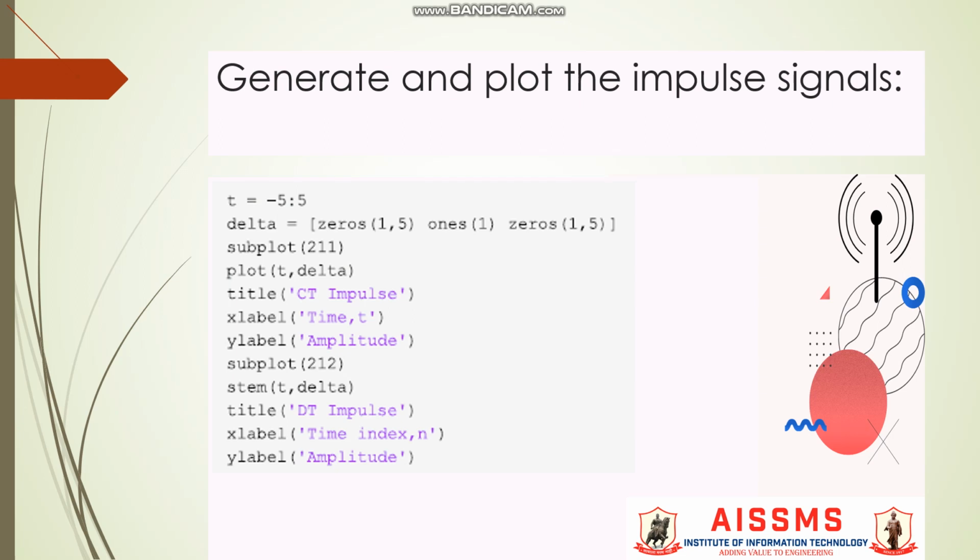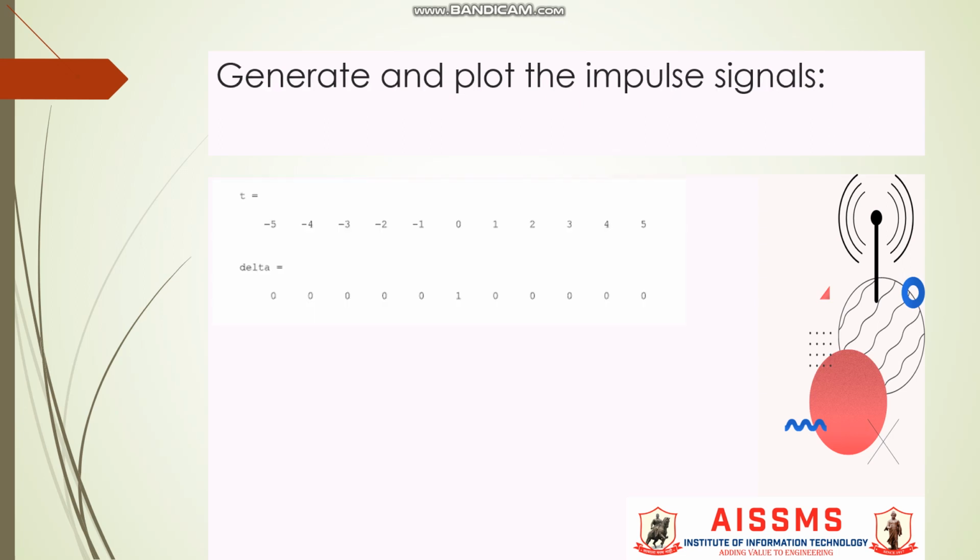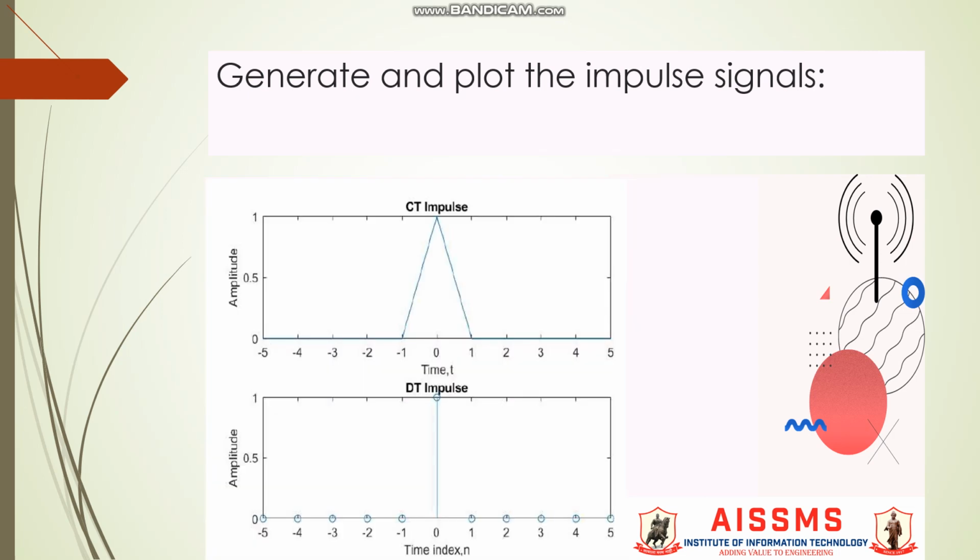Plot command provides the graphical plot. Stem command is used to represent data in discrete form. Title is used to name the figure. So as we know, only at t equal to 0, delta function has value 1. Upon hitting the run command, the figure window is generated and is as seen.